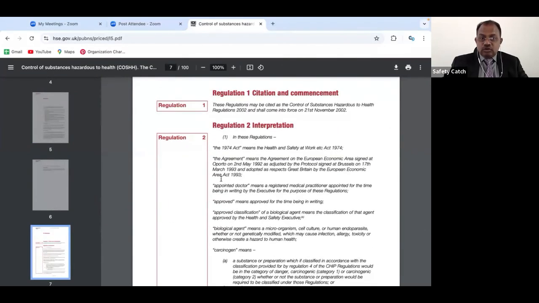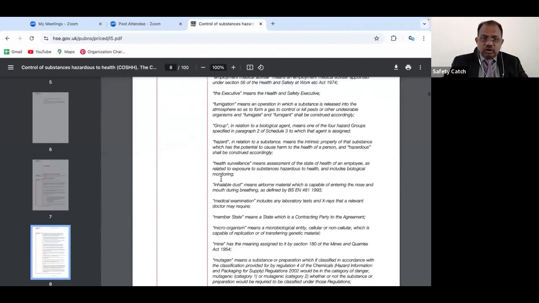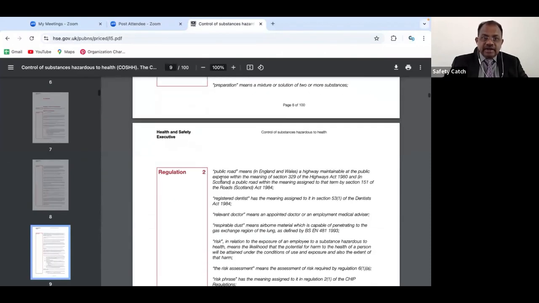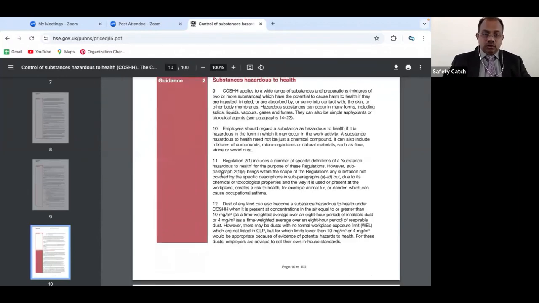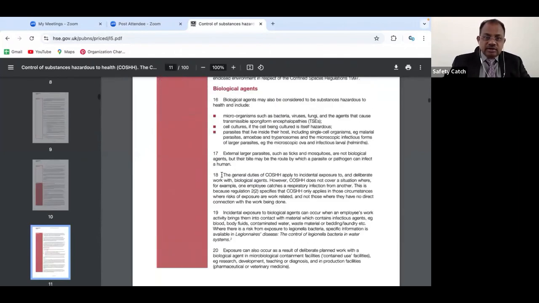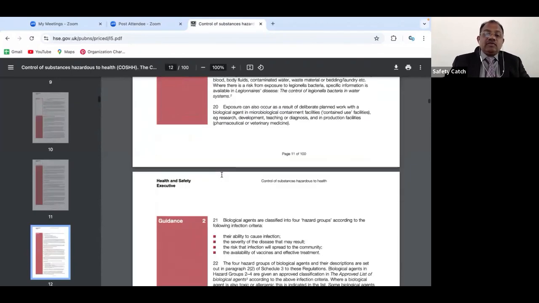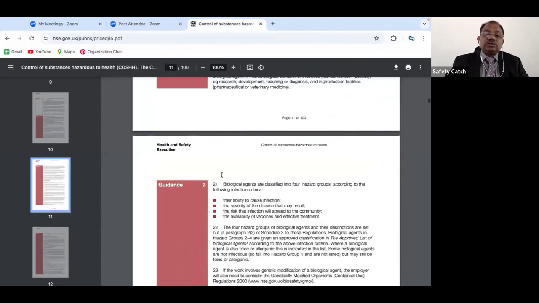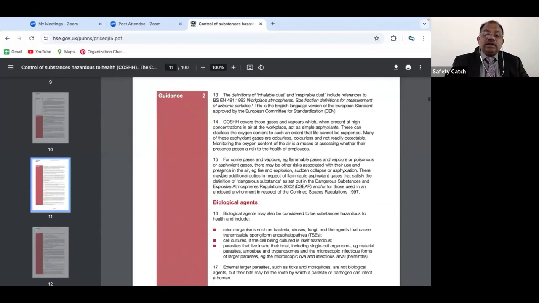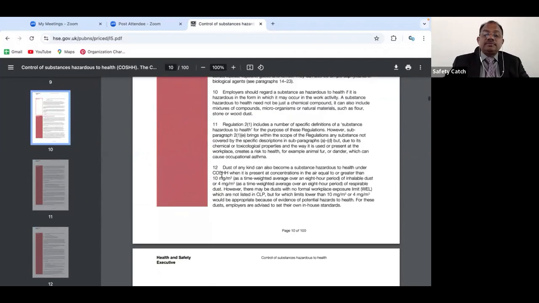This is a regulation, UK regulation. When you are referring to this kind of regulation, you will not get time to go through the entire content. Just go through the headings and see what is there. You cannot go through the entire regulation now, but at least see what is the coverage. You can see here, carcinogens, mutagens, biological agents are covered, substances hazardous to health is covered.